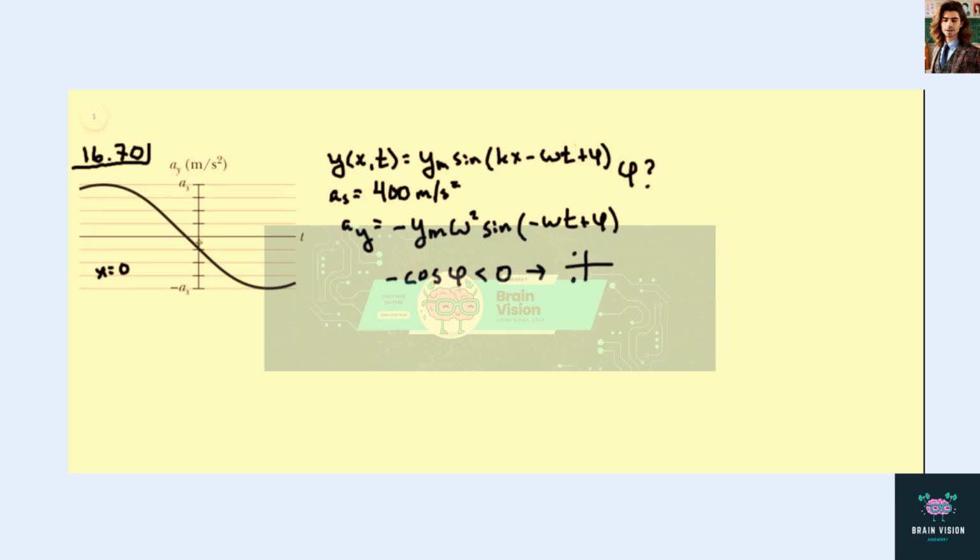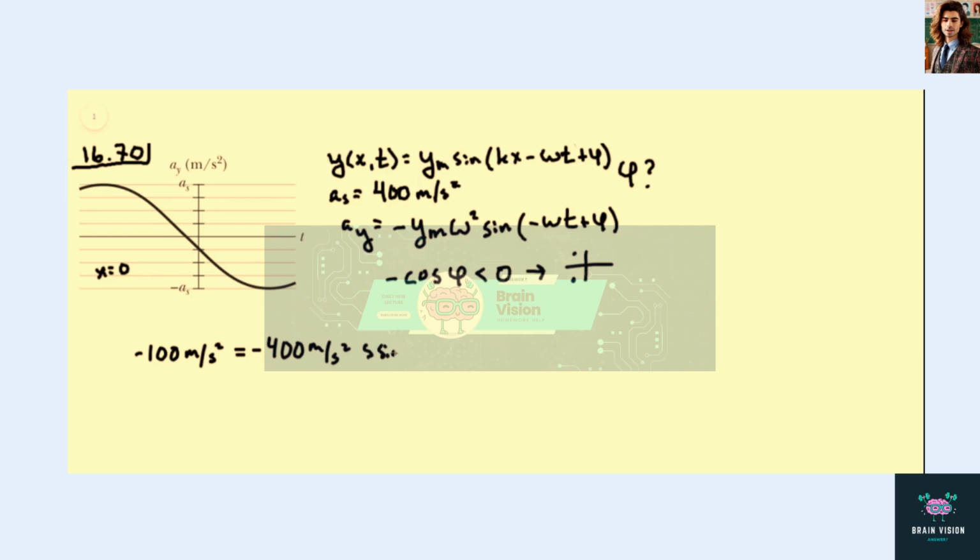So now at time 0, we have negative 100 meters per second squared is our acceleration. This has to equal 400 meters per second squared, the amplitude of the acceleration wave, and this will be times, oh, we have a negative sign here.